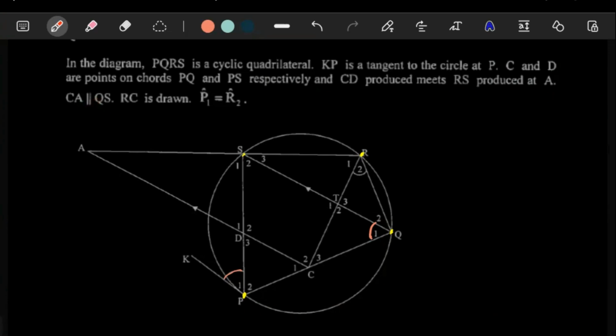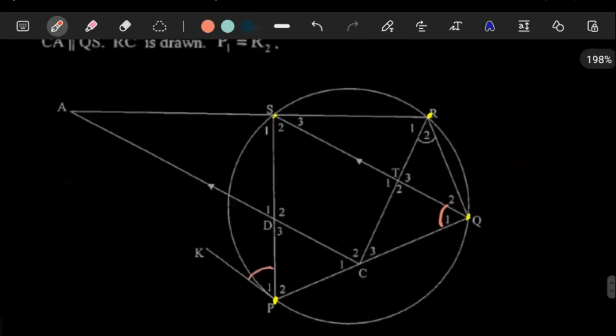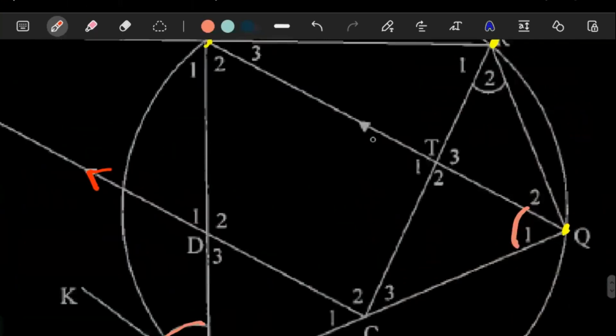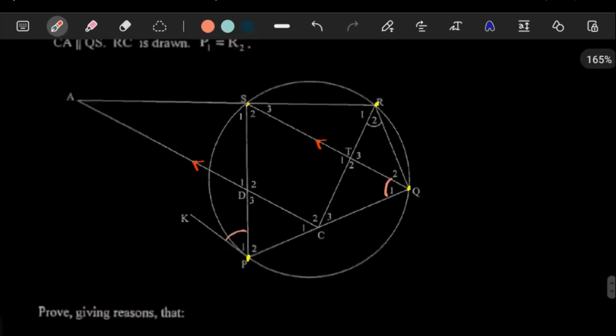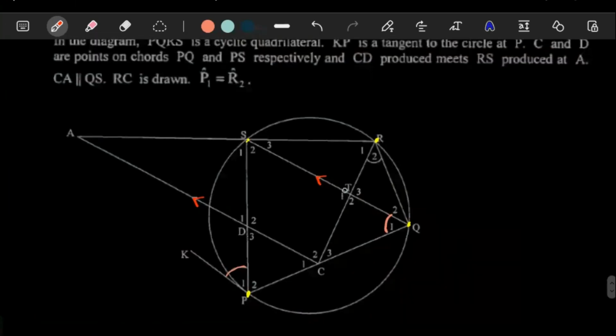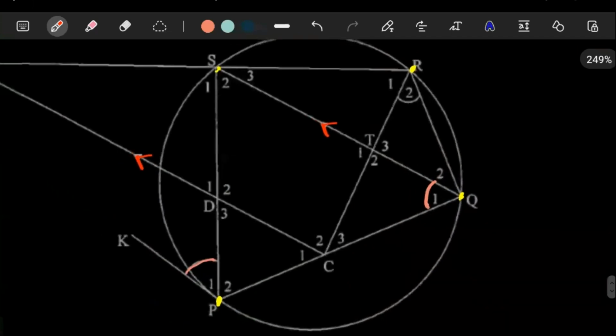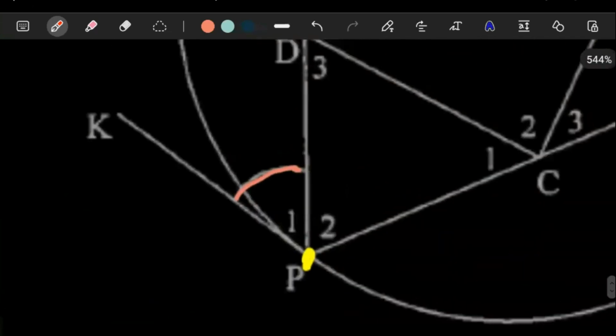Where is CA now? CA parallel to QS. And then it says here P1 is equal to R2. Okay, that's important. Where is P1 now? Yeah, P1 is here.